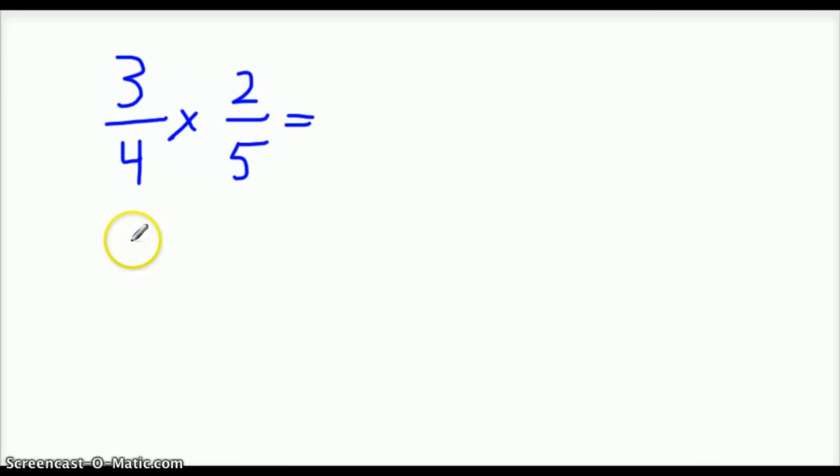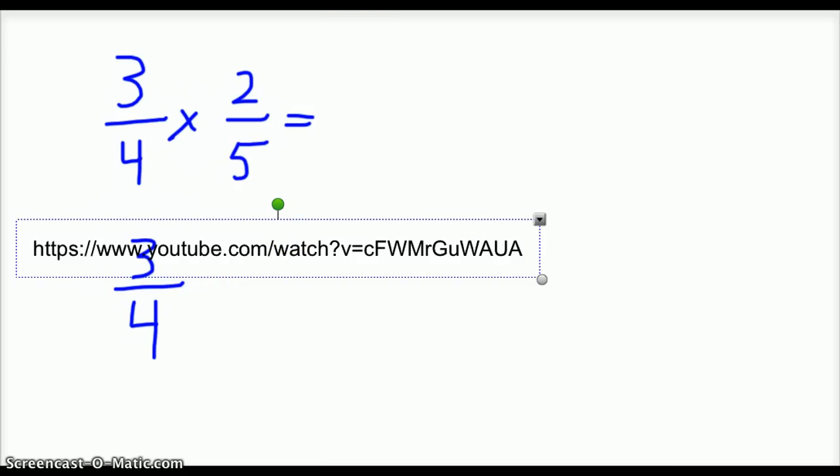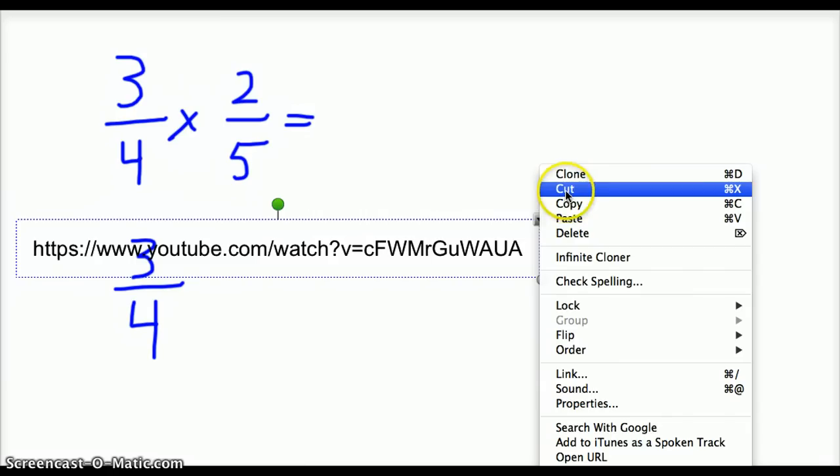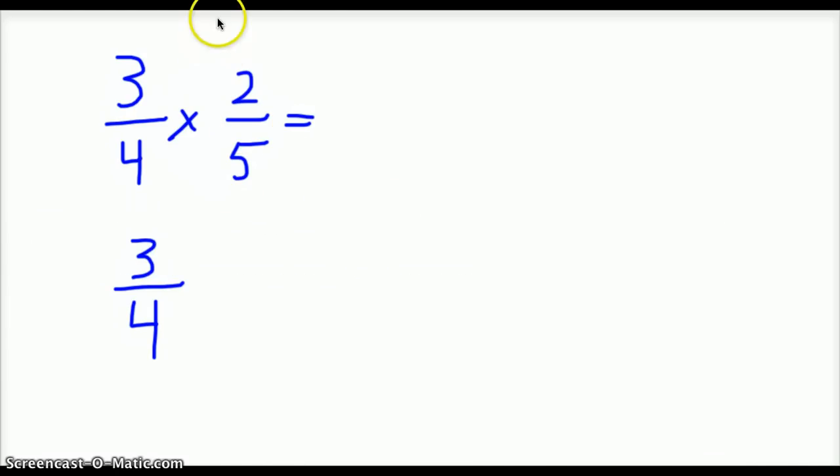And then the other one we're going to do is we're just going to take the same numbers and divide, and see what happens. So we'll have 3/4, and this time we'll say it's going to be divided by 2/5, and see what that equals as well.